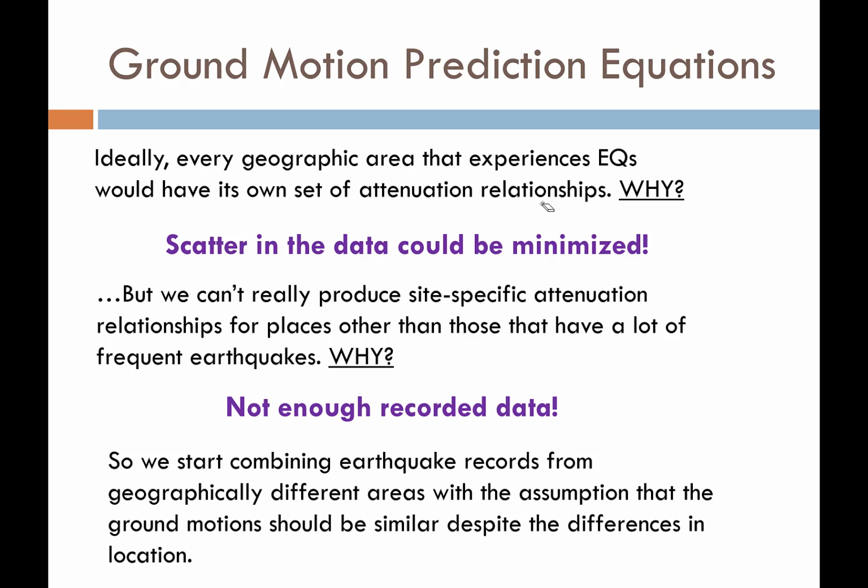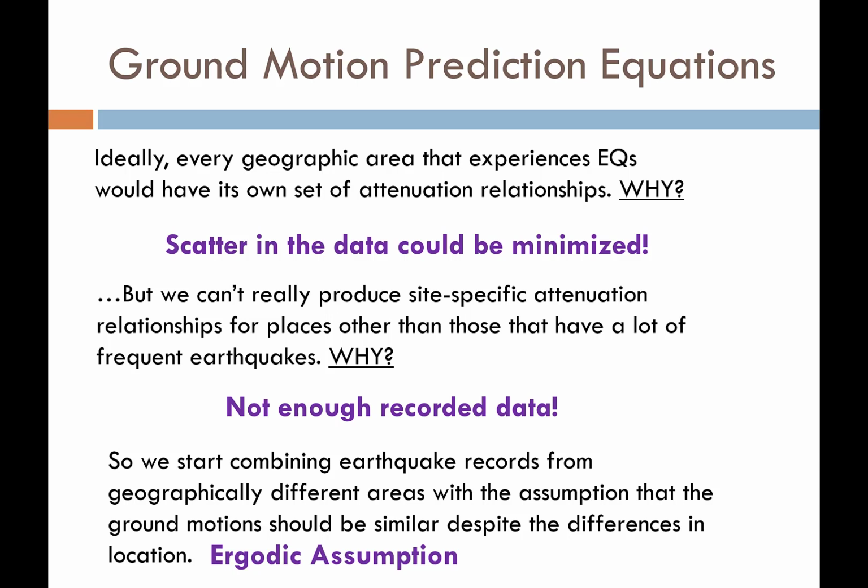So, what do we do for places that don't have a lot of recorded earthquakes? Well, you don't really have a choice then, do you? You have to start combining recorded earthquakes from other parts of the world that did experience earthquakes. So when you start taking earthquake records that are from geographically different areas, with the assumption that the ground motions from those areas are similar to the ground motions that you'll experience in your area, you're applying what's called the ergodic assumption.